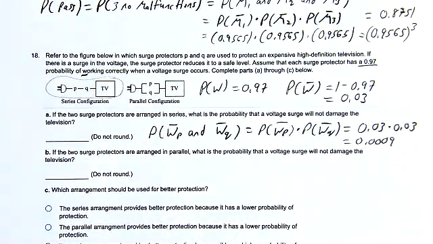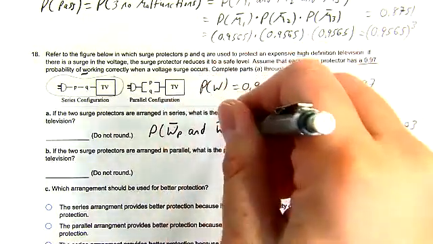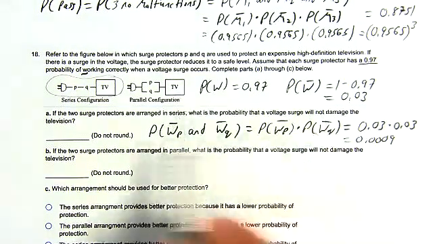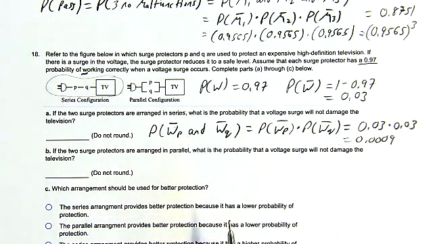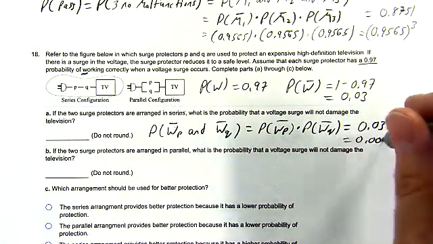Now, let's be a little careful with what I'm saying here. What we just calculated was P fails and Q fails, which means my TV is broken. It just got wrecked. We wanted the probability that it does not get damaged. So the actual answer is 1 minus that.